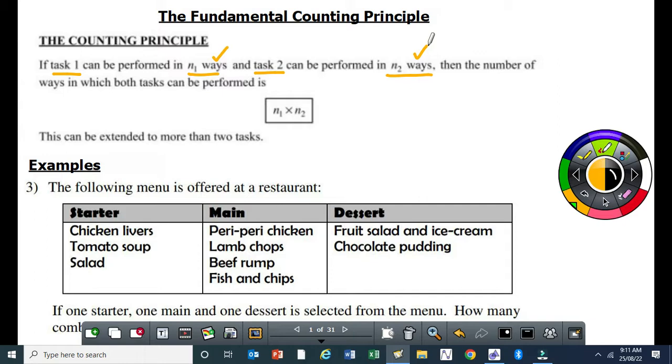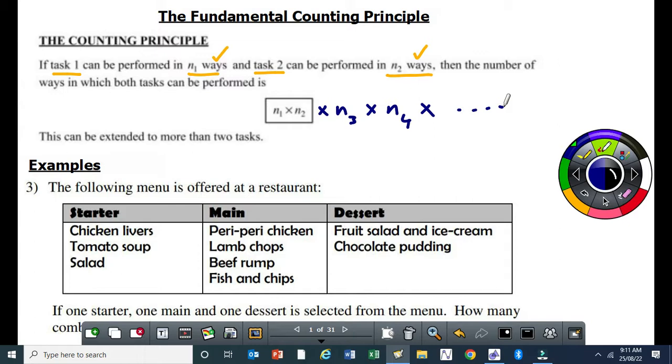Now, it may be a little bit tricky, but I can extend this to times N3 times N4 all the way up to infinity. So we call this the fundamental counting principle. For you to understand it much better, I've got a nice example.